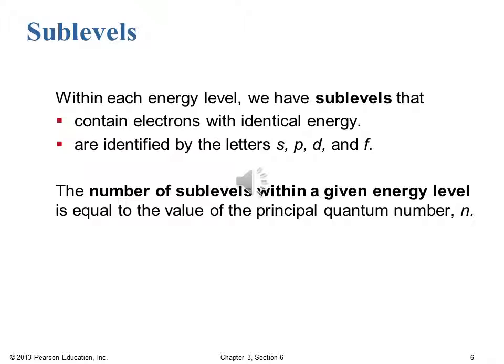The number of sublevels within a given energy level is equal to the value of the principal quantum number. When n equals 1, we're in the first period of the periodic table, and you see just 2 elements, hydrogen and helium, because there's just one type of orbital, an s-type orbital. When we go to n equals 2, now we have an s and a p, because principal energy level 2 has 2 sublevels.